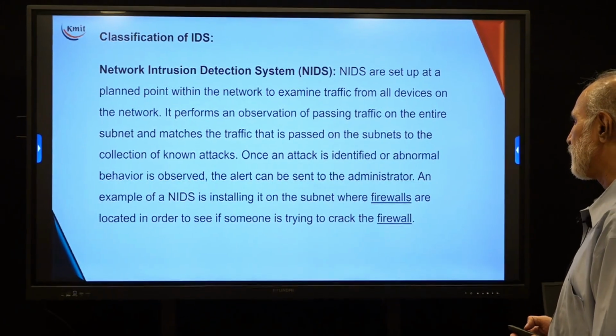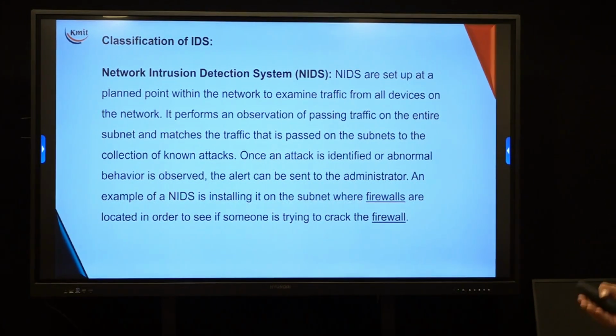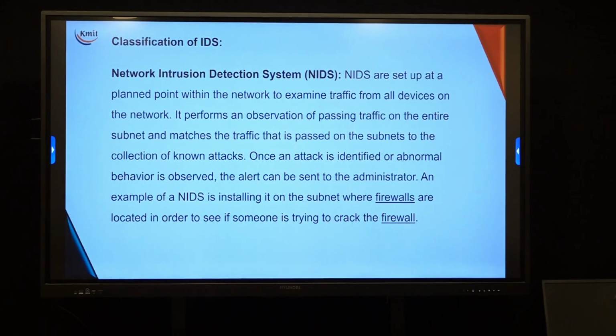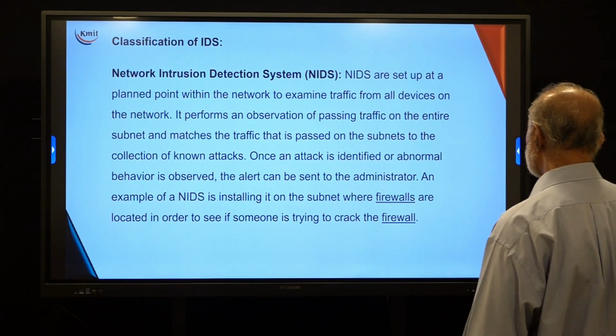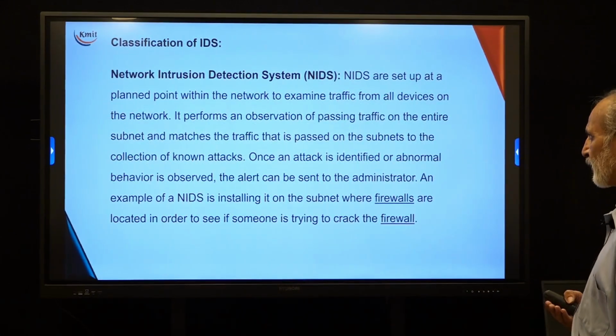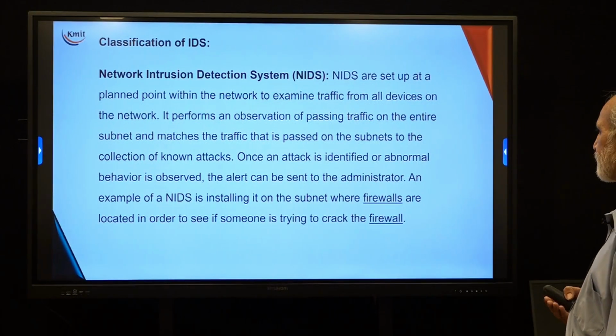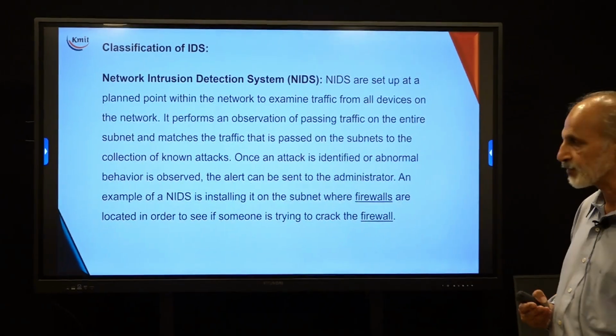Now I am going to talk about some classifications of the IDS. First is the network intrusion detection system. NIDS are set up at a planned point in a network to examine traffic from all the devices in the network.